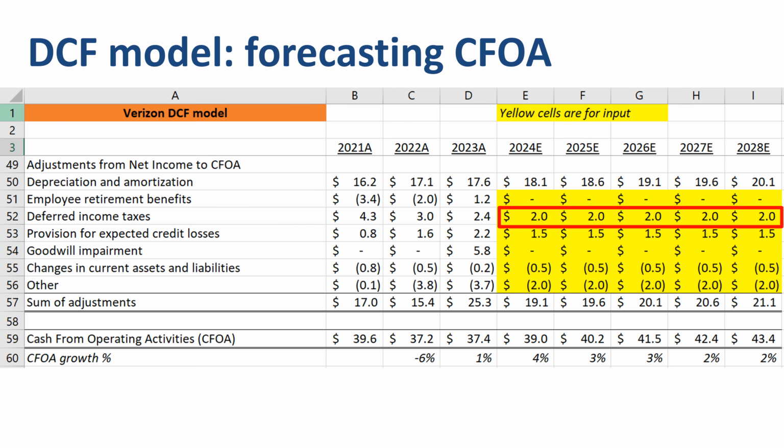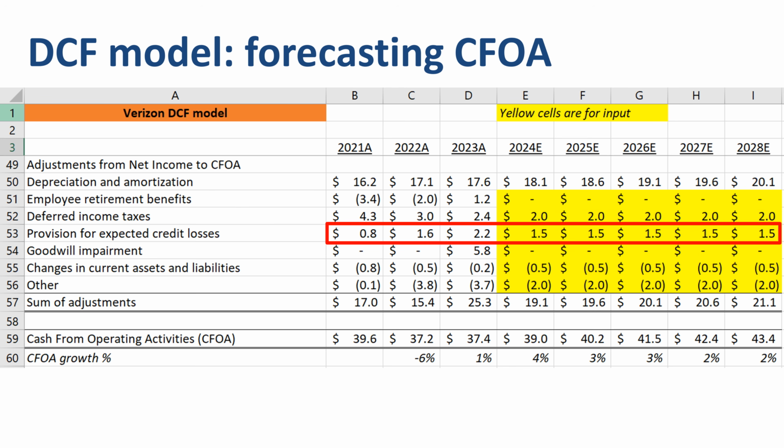Let's be prudent and take $2 billion of positive impact per year. The impact of the provision for expected credit losses. According to the annual report, collections have returned to pre-pandemic levels. At $1.5 billion positive impact per year, I'm taking the average of the 2021-2023 time period, which also matches the 2019 levels.